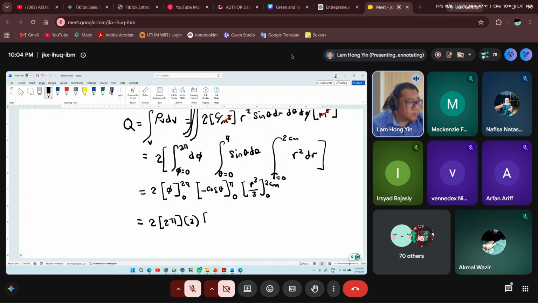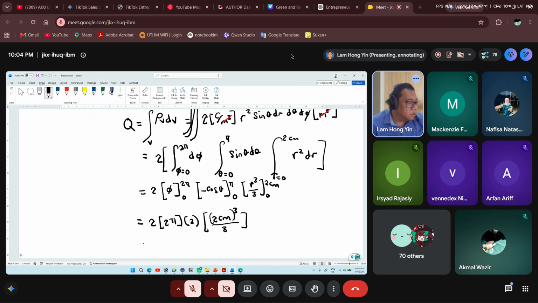And then the last one is 2 centimeter power of 3 divided by 3. That's it.